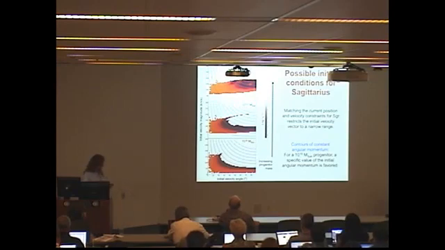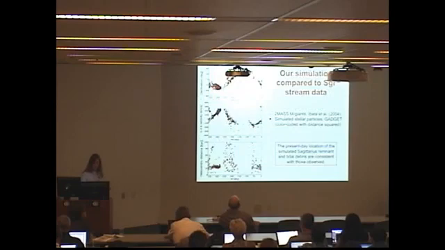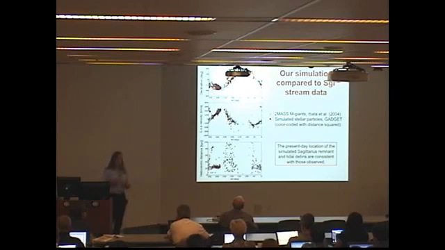So if we run with that and take the best fit orbit and simulate it with Gadget, we can make a comparison to stars in the Sagittarius stream. What I'm showing here is data from the 2MASS M giants in black squares, and also simulated stars in our stream as colored points.